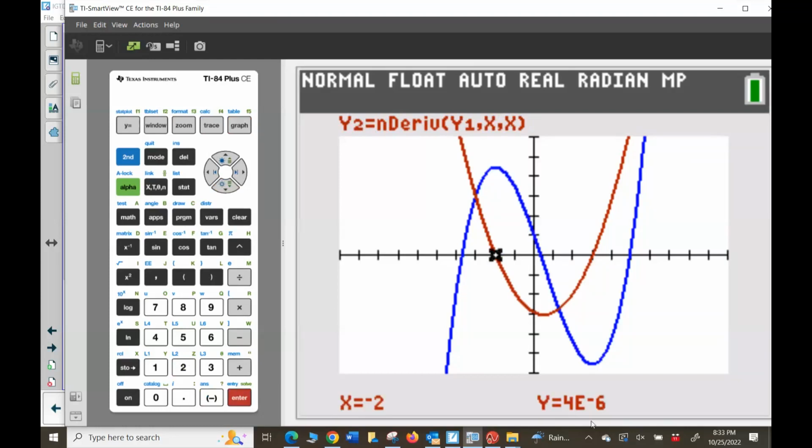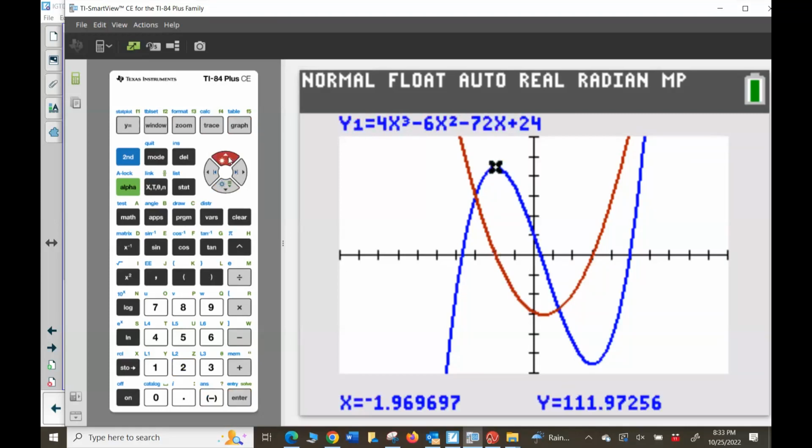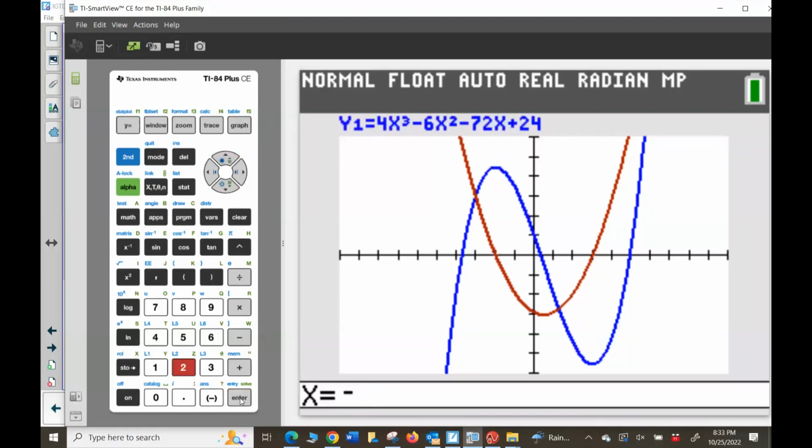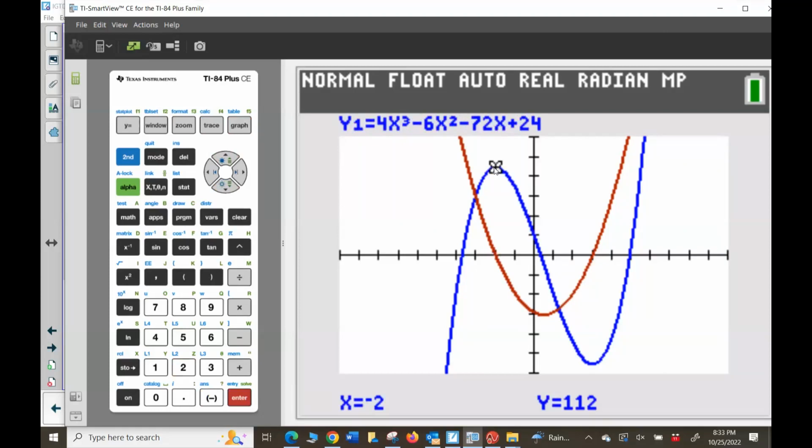I can see that at -2, it's 0.000004, which for all practical purposes is 0. Keep in mind, it took the derivative point by point, so it's not going to be perfect, but it's close to 0. But also, if you look at -2 on the blue function, this is where the function has what's called a relative maximum, where the derivative is 0. That's not a surprise to those who teach that, but for our students, it's something we want them to start looking for.